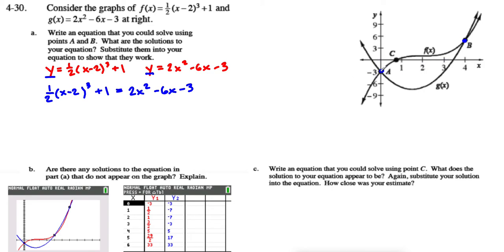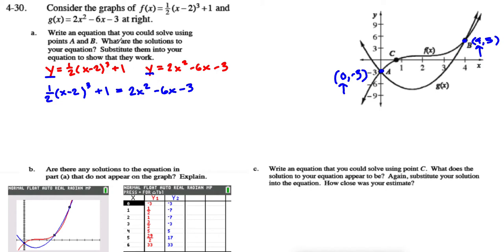We can see clearly here that this point is the point 0, negative 3. So we're going to focus here on the x coordinate, which is 0. And over here we have 4, and our y value is 5, I do believe. And we're going to focus on that one there.